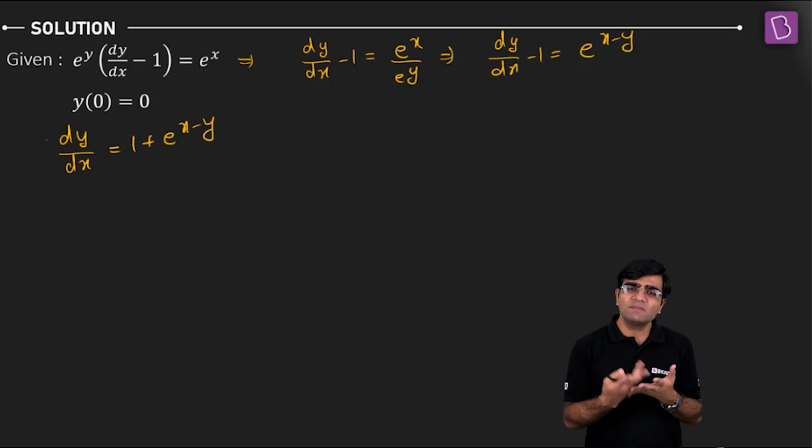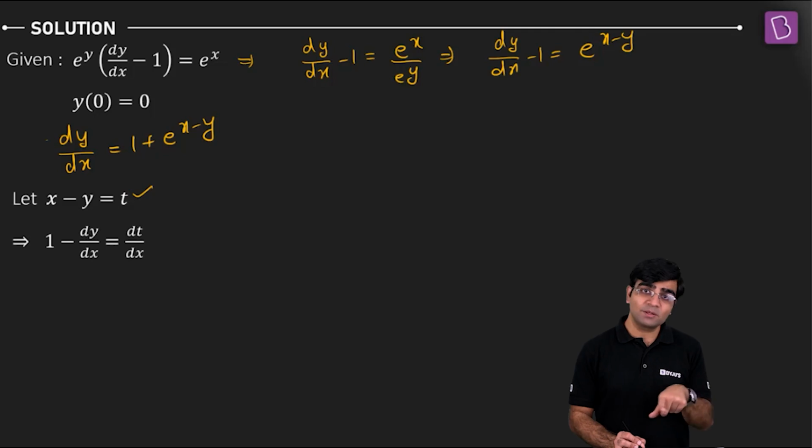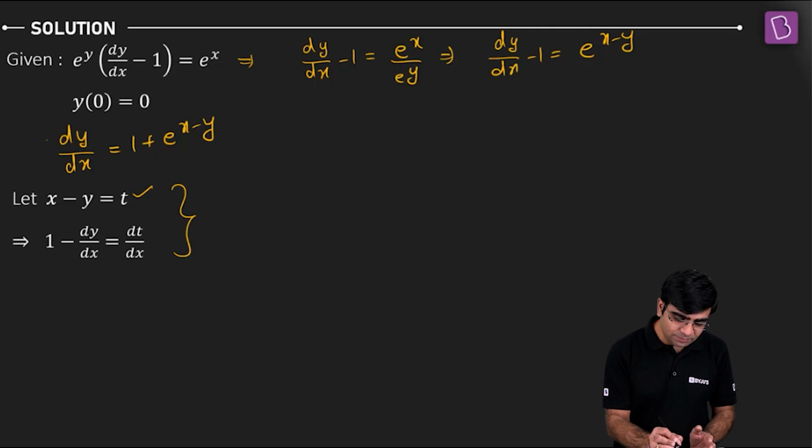Can I convert it into one variable? How will I do that? Substitution. Put x minus y as t. The moment you have x minus y as t, if you differentiate this relation, you get 1 minus dy/dx equal to dt/dx. Right, let's quickly plug these values into this equation.